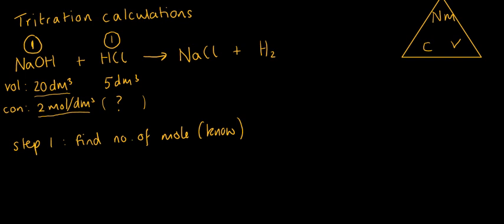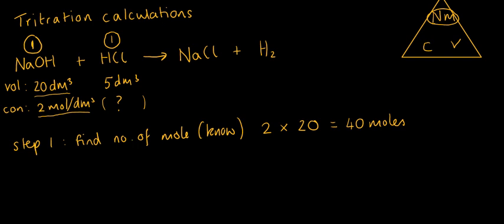So the number of moles equals concentration 2 times volume 20, which gives 40 moles. That's a pretty obscene number, but we're going to pretend this is what we're using.